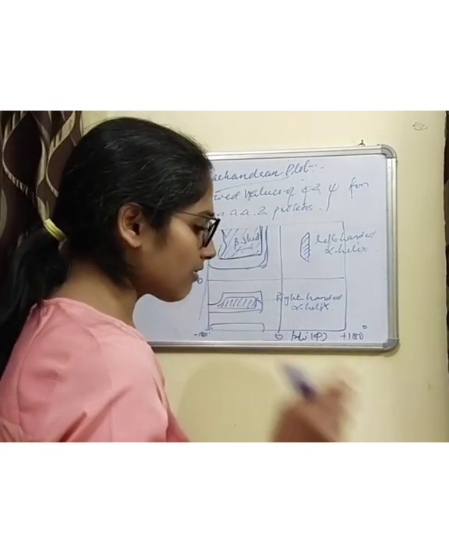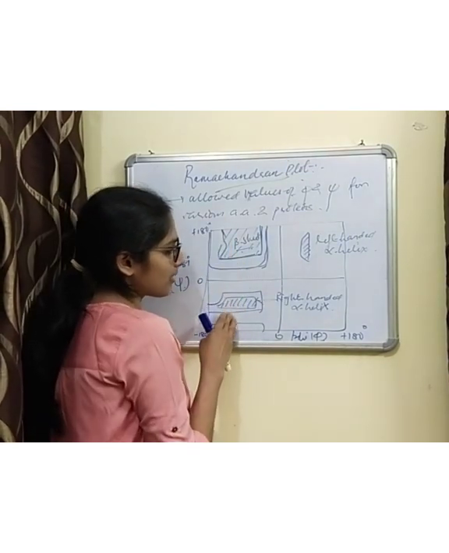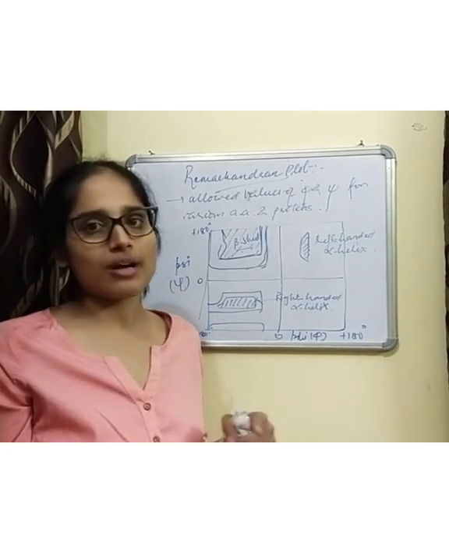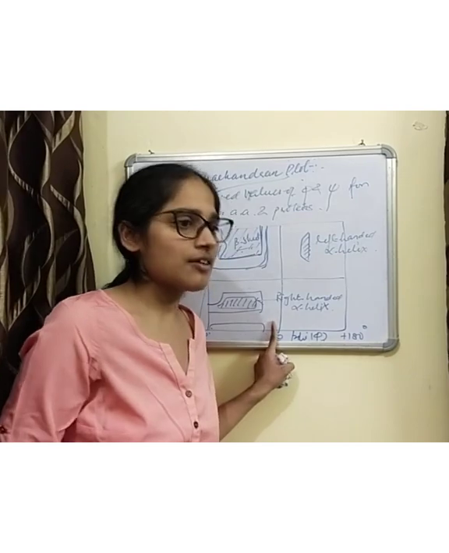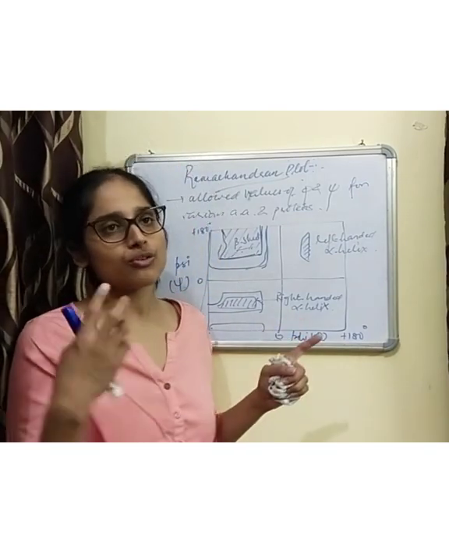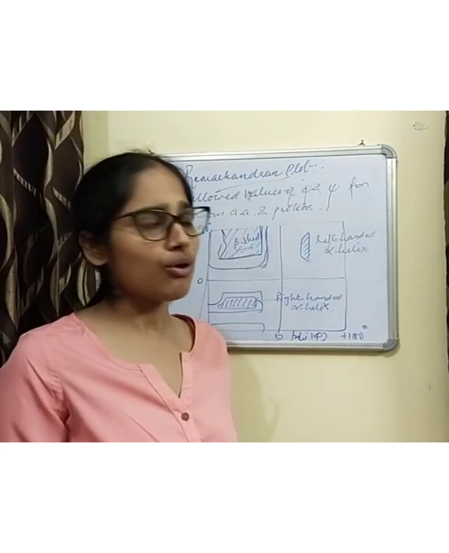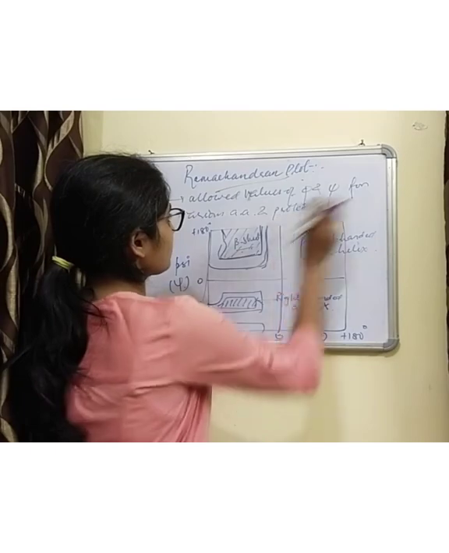In the areas where the density points are maximum for most of the amino acids or proteins, they are high for alpha helix.